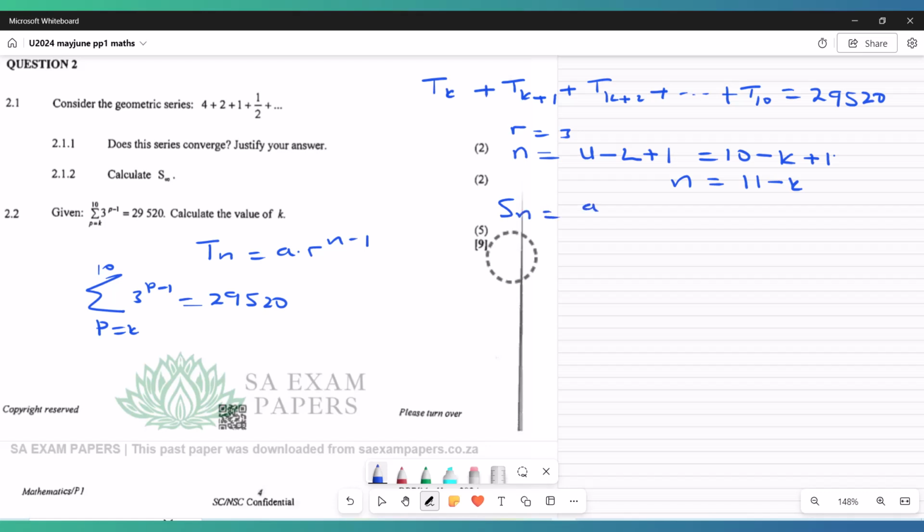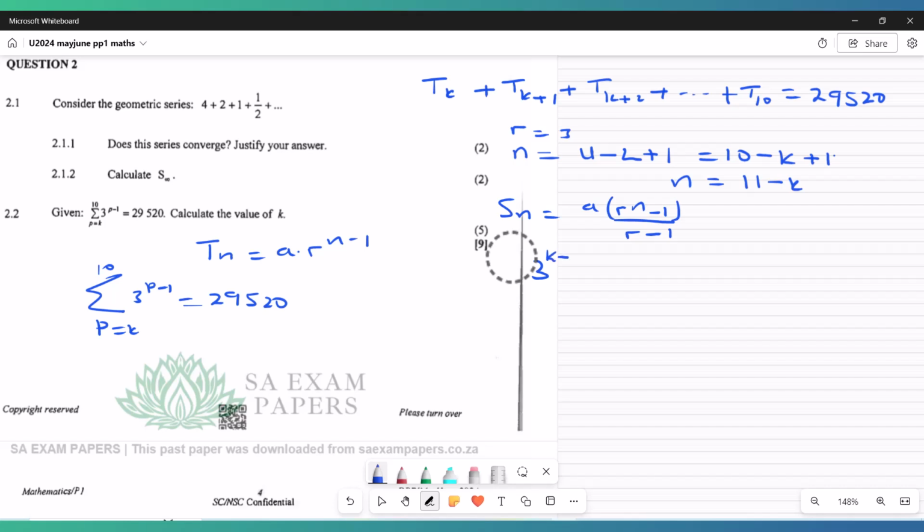Because this is geometric, I'm going to use Sn equals first term times common ratio to the power n minus 1 divided by common ratio minus 1. What is our first term? We just put in p equals k here, so we're going to have 3 to the power k minus 1.